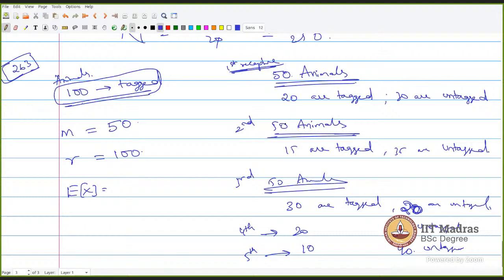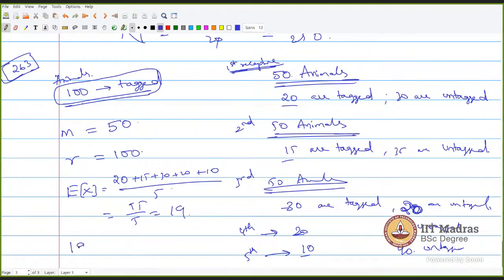We have seen 20, 15, 30, 20 and 10. So 20, 15, 30, 20 and 10 divided by 5 will be the mean of the number of animals that we observe that are tagged. Once we find this, we get 95 by 5, which is 19.